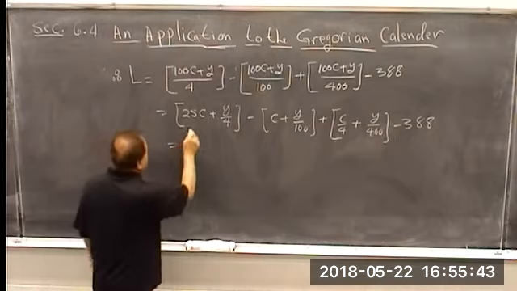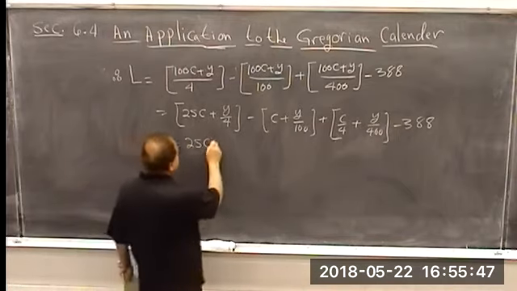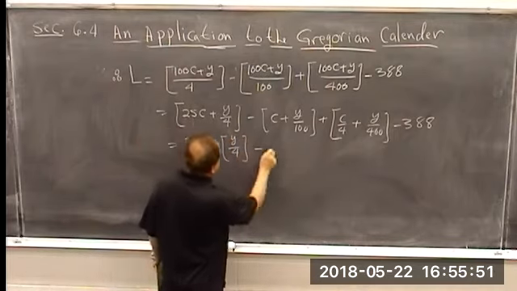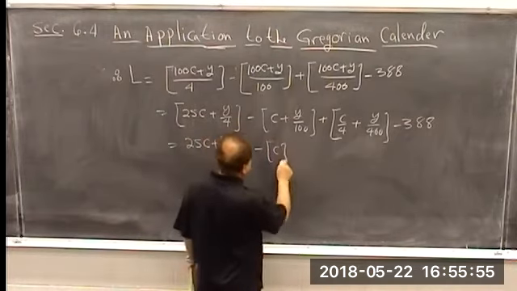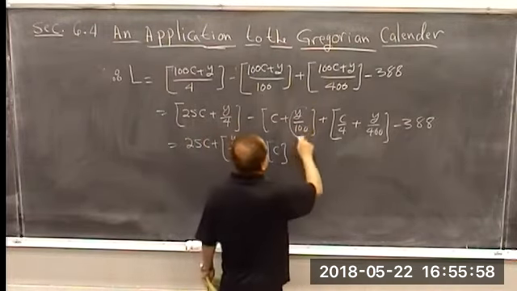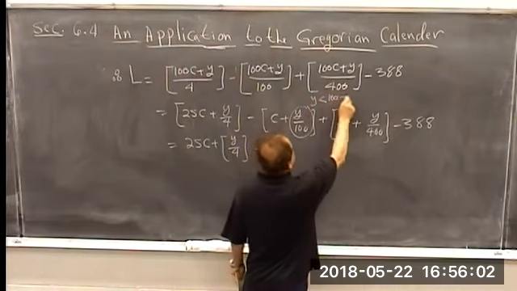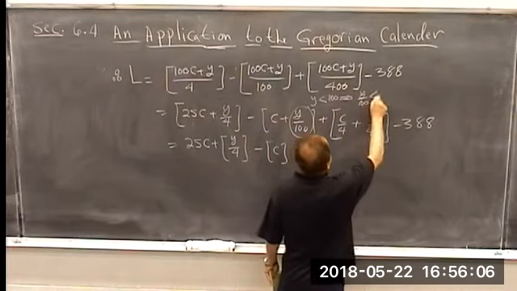Well, so this one we can take the 25c out because it's an integral value. And this is y over 4. This one, again, we can take the c out. Now, y over 100, remember that y is less than 100, which implies that y over 100 is actually less than 1.